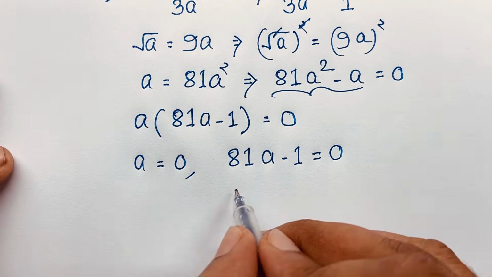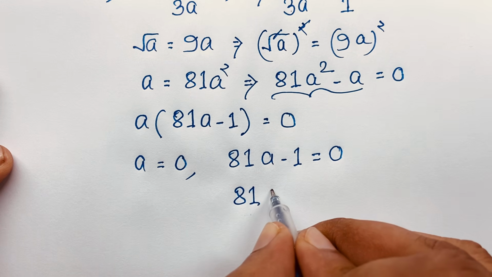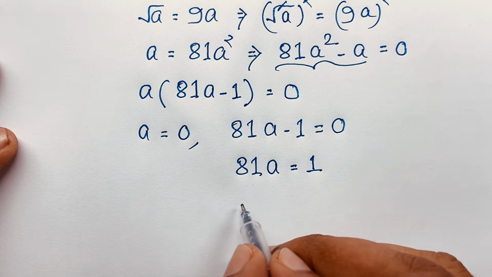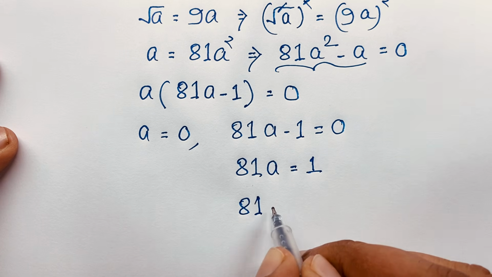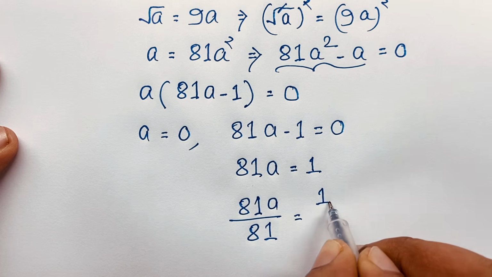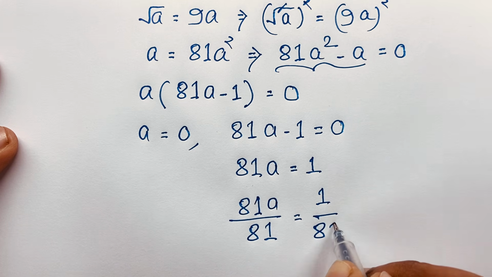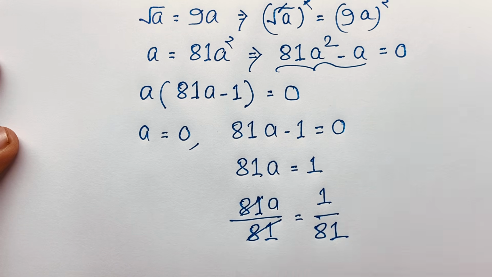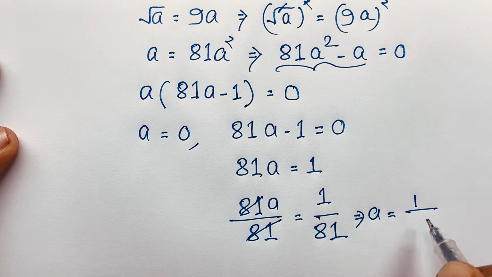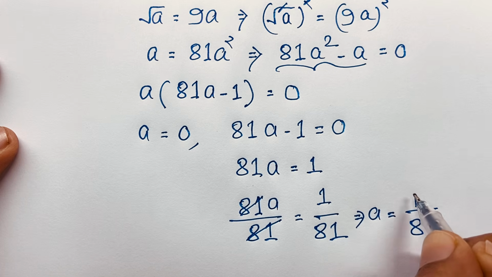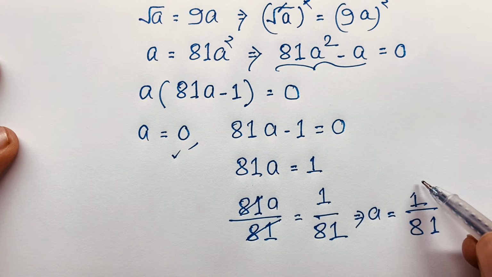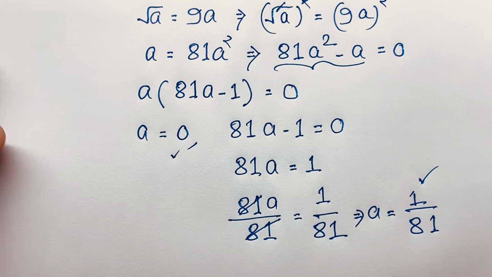Now 81a is equal to 1. If I divide both sides by 81, 81a over 81 is equal to 1 over 81. Now this cancels, we find a is equal to 1 over 81. So we find our final answer: a is equal to 0 or a is equal to 1 over 81.